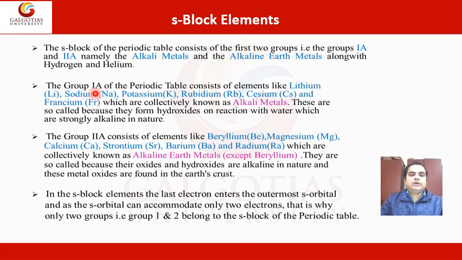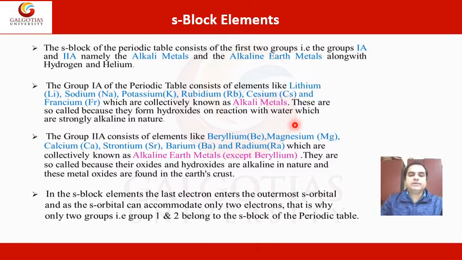Group 1A of the periodic table consists of elements like lithium, sodium (Na), potassium (K), rubidium (Rb), cesium, and francium. These elements are collectively known as alkali metals. Why are they called alkali metals?